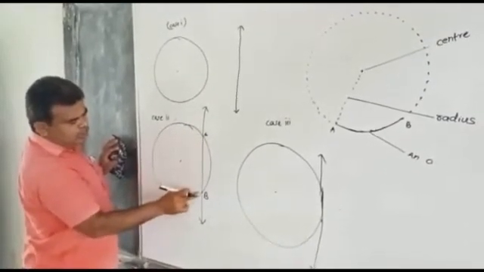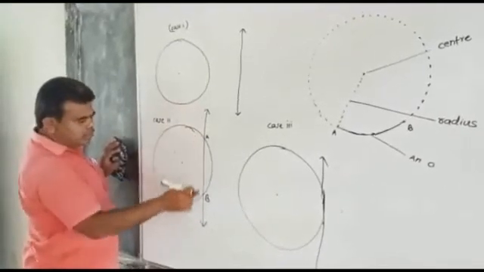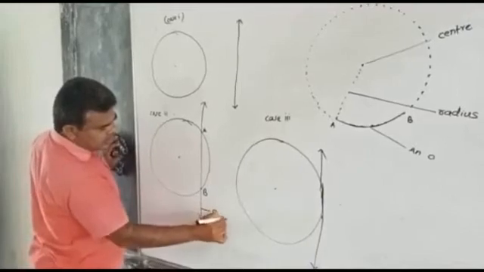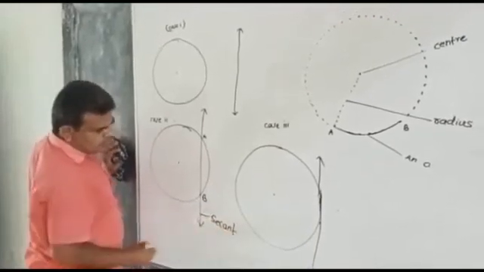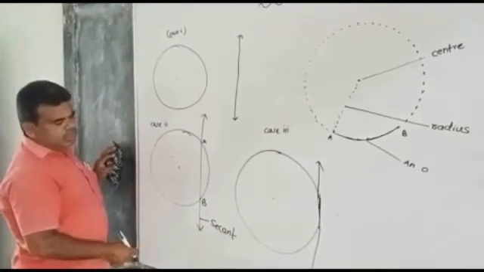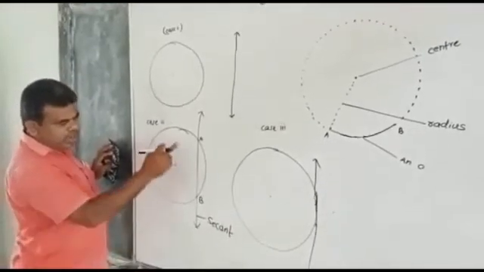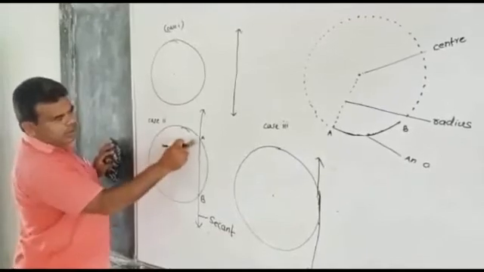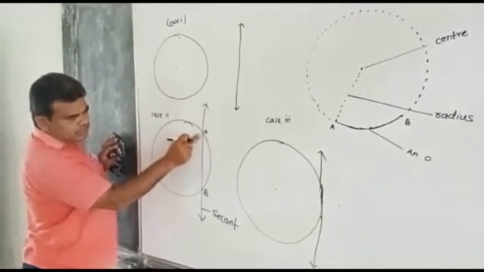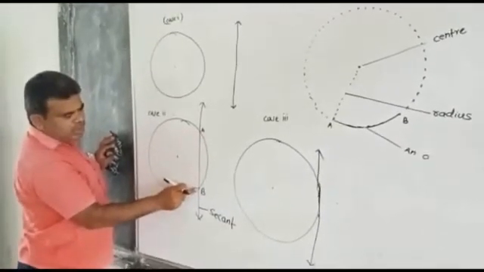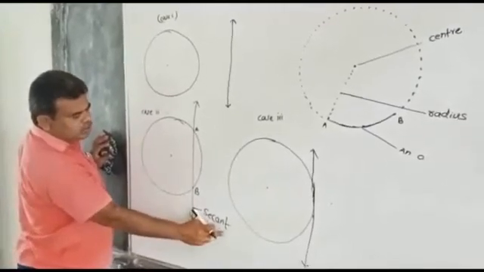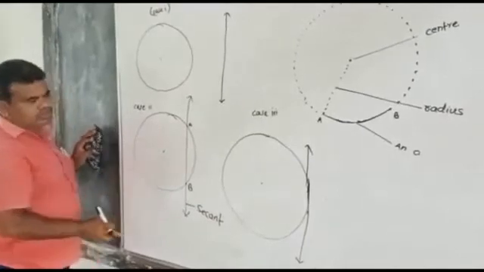A and B. This line is known as a secant to a circle. If a line intersects the circle at 2 points A and B, it is known as a secant to a circle.